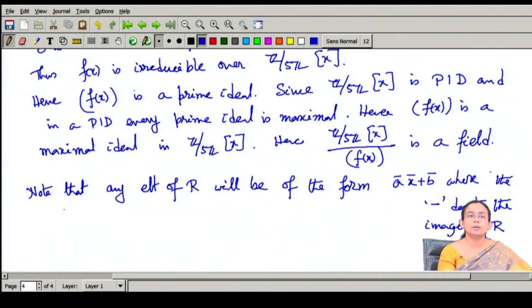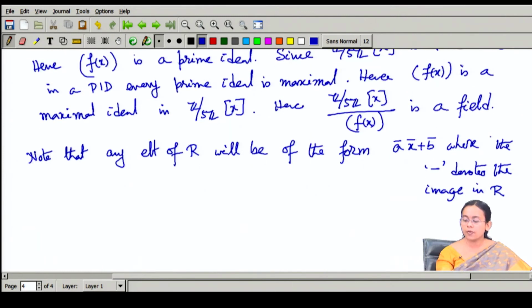So, here you can note that any element of R will be of the form a x bar plus b bar, where bar denotes the image in R.